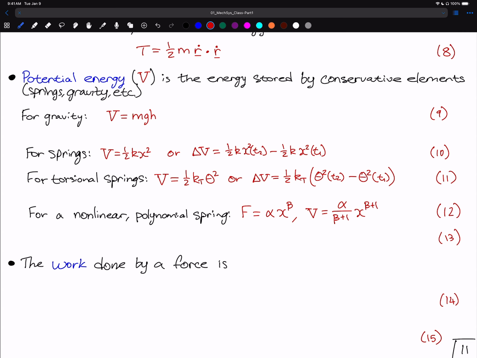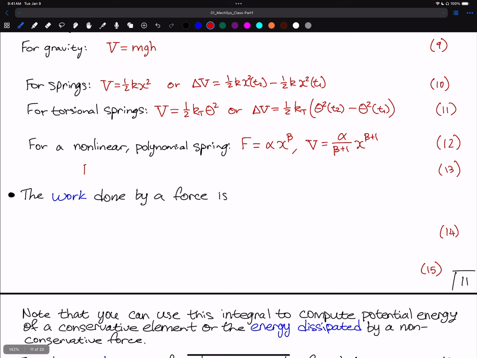And to give you an example, if we have a spring that is dependent on the displacement cubed, so let's say F is equal to alpha x cubed, the potential energy will be equal to 1/4 times alpha times x to the 4th. For the change in potential energy, we will get 1/4 alpha times x to the 4th at time 2 minus x to the 4th at time 1.